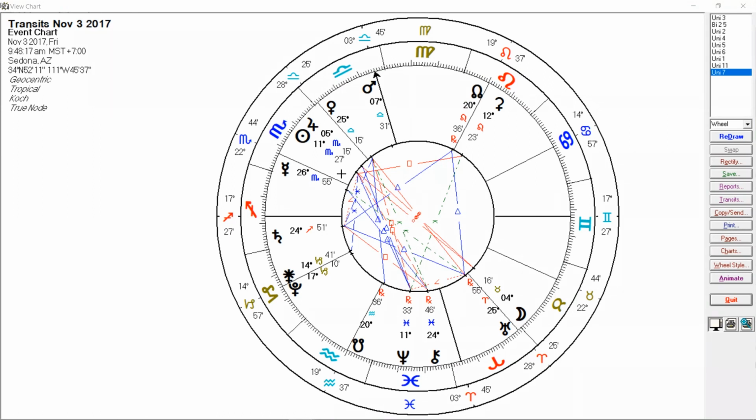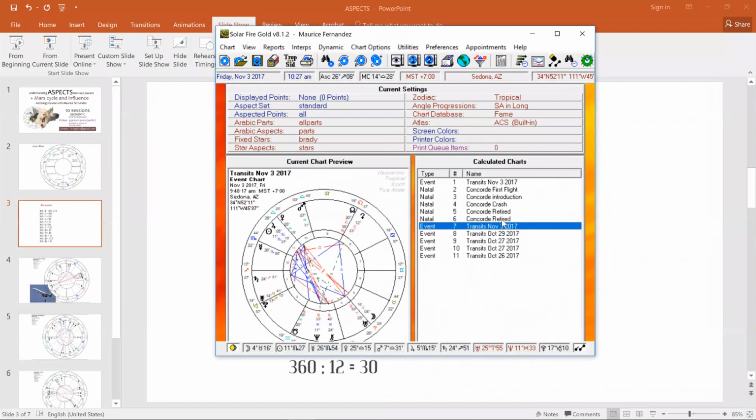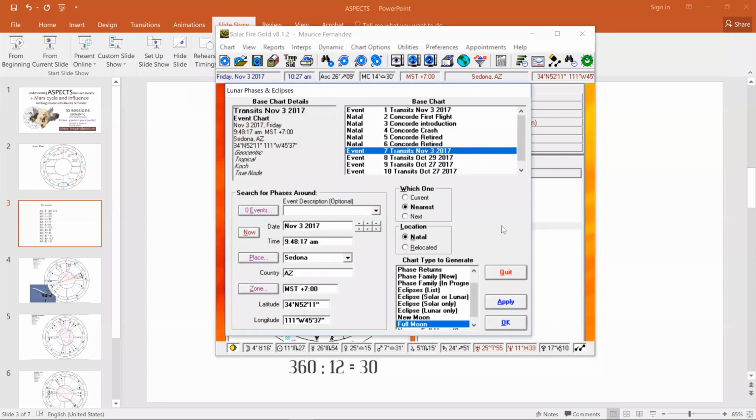No, this is just scratching the surface. It's not inaccurate, but it's incomplete. So what we need to do is to go back to the moment of inception, which means the moment these two planets actually conjuncted prior to this opposition.